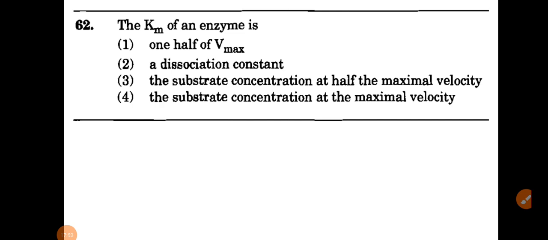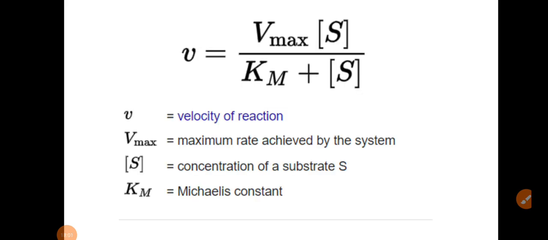Yes, the substrate concentration at half the maximal velocity. These are the different forms, and the equation is the Michaelis-Menten equation: Vmax into S divided by Km plus S. That is nothing but the velocity of a reaction.